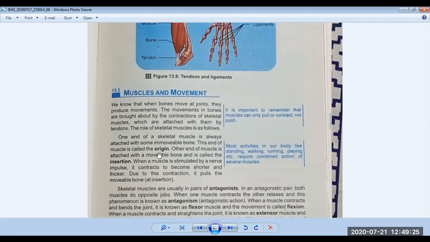When a muscle is stimulated, which means when it is made ready to work by a nerve impulse produced by the brain or spinal cord, it contracts to become shorter and thicker. Due to this contraction, it pulls the movable bone at the insertion.